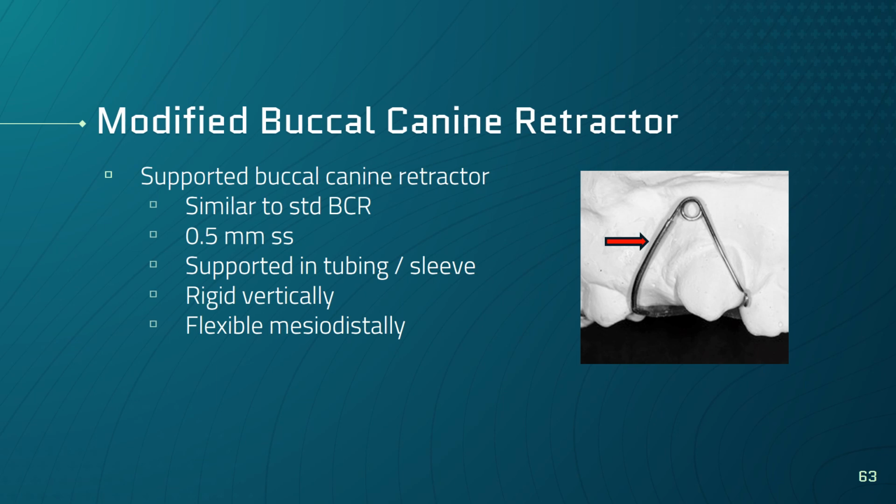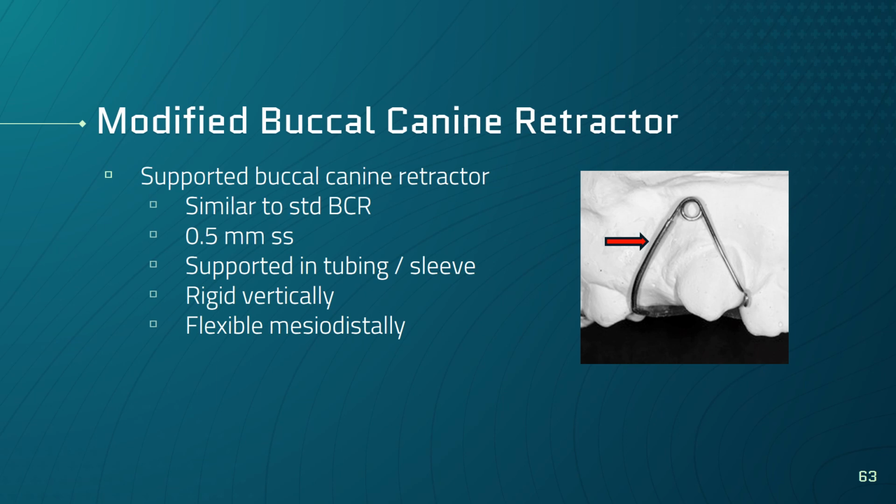What is a modified buccal canine retractor? There are two modifications. One is the supported buccal canine retractor. It's called supported because it is similar to a standard buccal canine retractor, but it's made from only 0.5 millimeter stainless steel wire, which makes the spring very flexible.